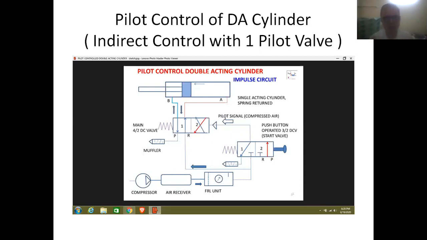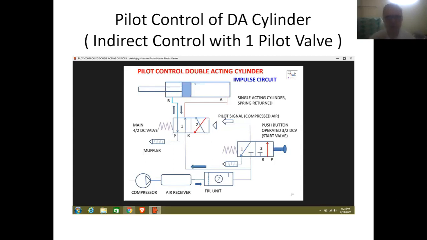All the pipelines put together are referred to as the piping system. So friends, this is the arrangement of pilot control of a double acting cylinder, and sometimes it is also referred to as a pilot controlled double acting cylinder.